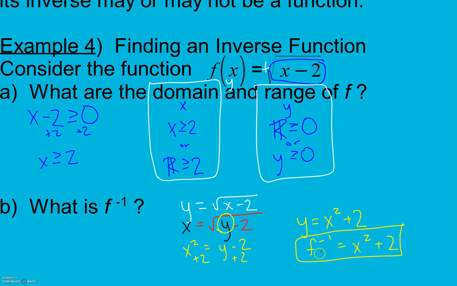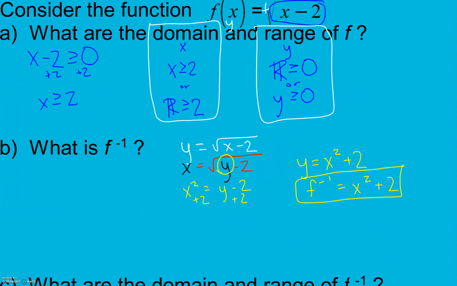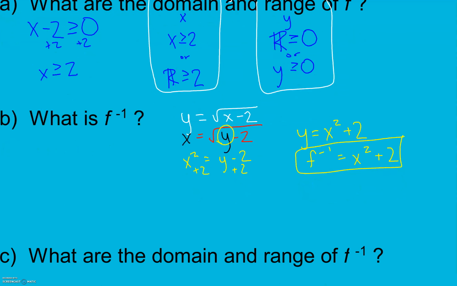And again, this is just a notation just like f of x. We want to know what are the domain and range of our inverse. Because we're only dealing with the positive root here, guys, we need to be careful. The domain and range of our inverse are going to come from the domain and range of our initial function.